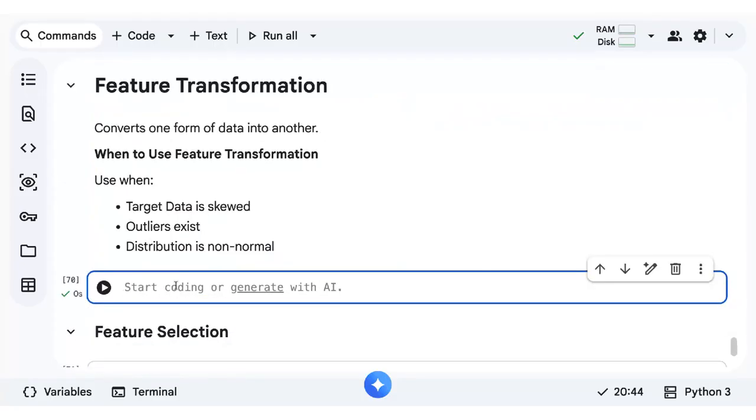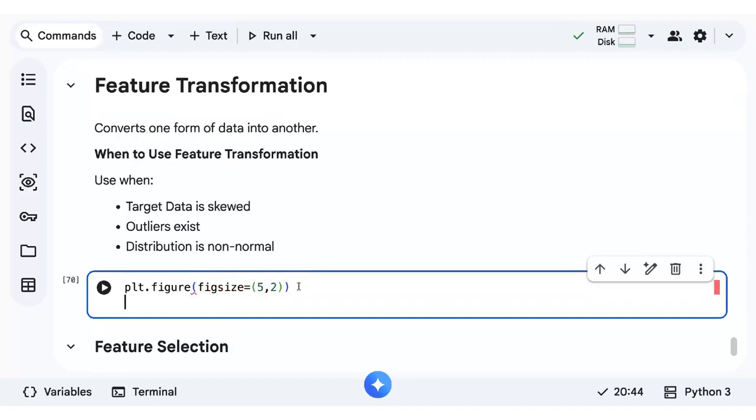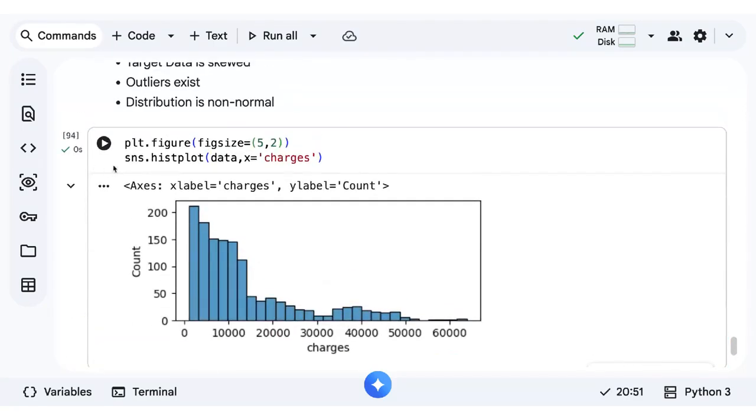If you look into your charges histogram, can you see?